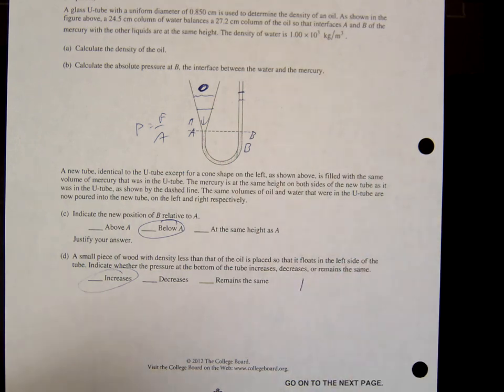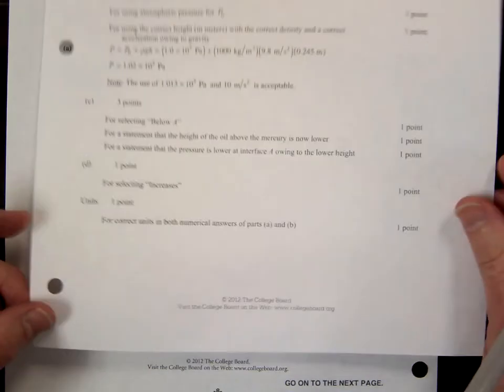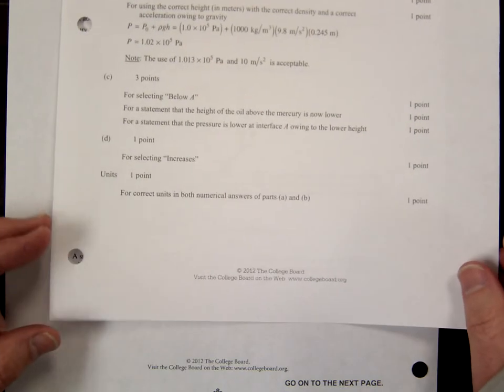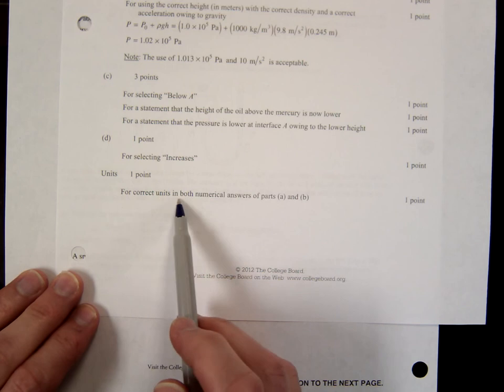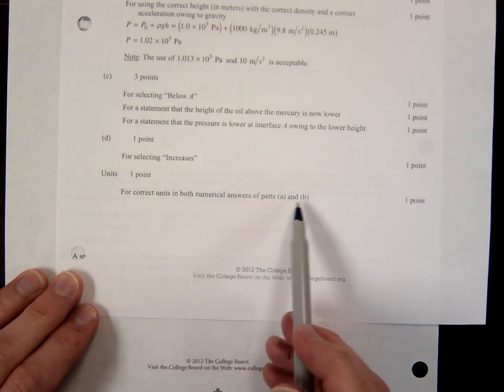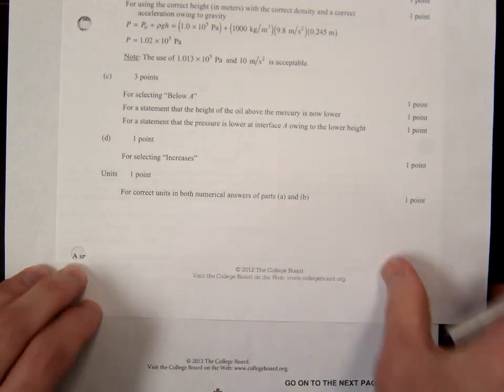And then they added 1 extra point here. So we've only added up to 9 here. And they do this often for correct units in both answers of parts A and B. Okay, so that's the 10th point.